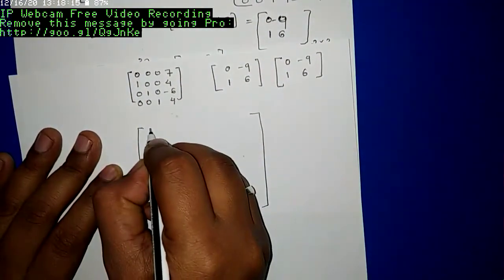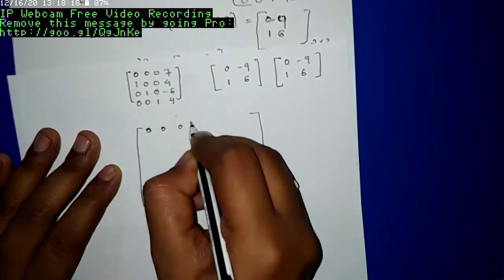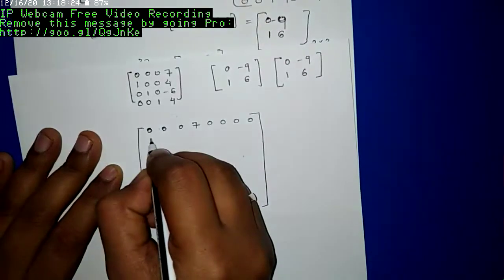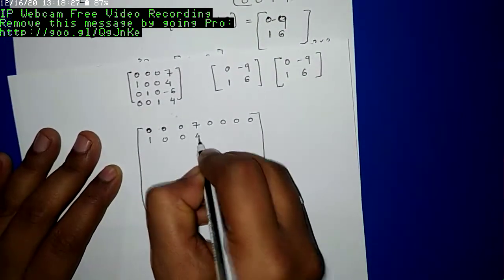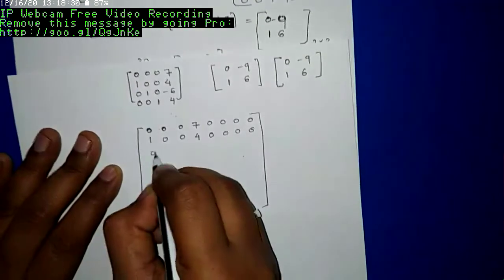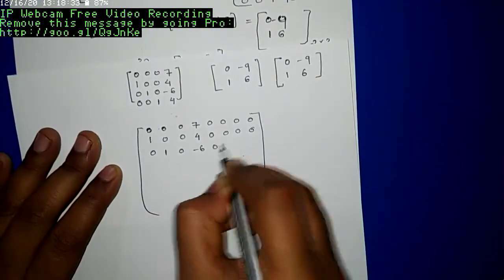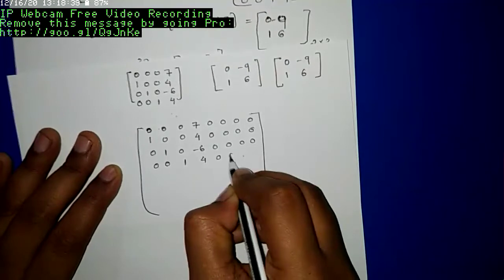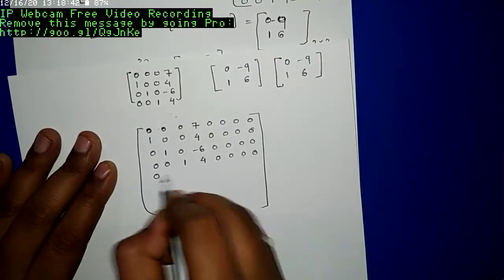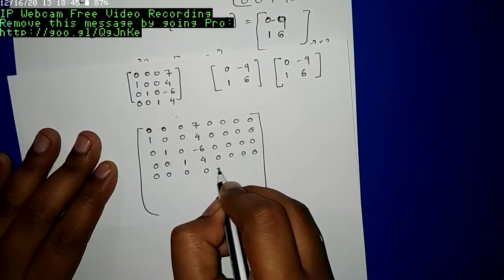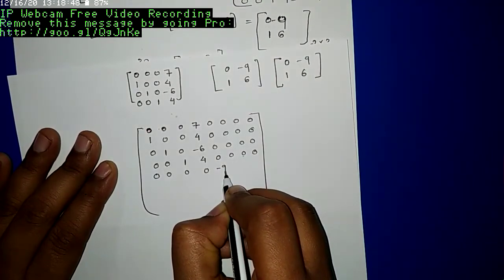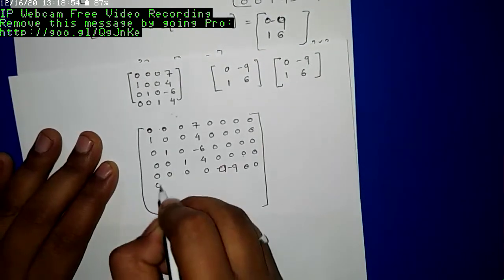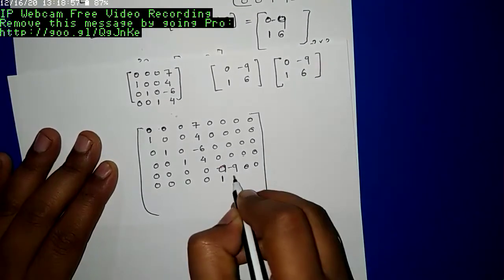First we put here 0 0 0 7, all other entries are 0. Now 1 0 0 4, all other entries are 0. 0 1 0 minus 6 0 0 0 0 0 0 1 4 0 0 0 0. Now 0 0 0 0 minus 9, sorry, 0 minus 9, all other entries are 0. 0 0 0 0 1 6 0 0.